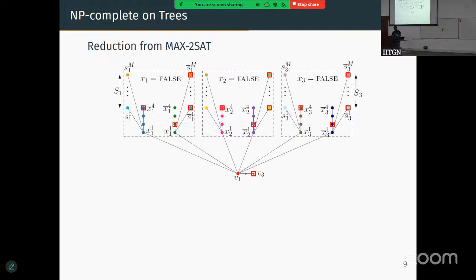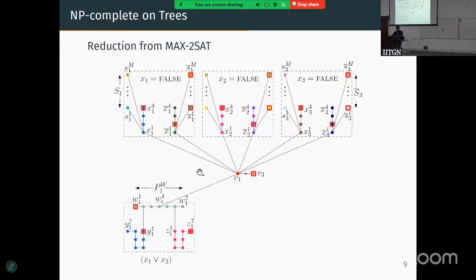These are the gadgets. These are three parts. The color of this one is the same as x1. Suppose this is x1 or x2. This is coming from these vertices.